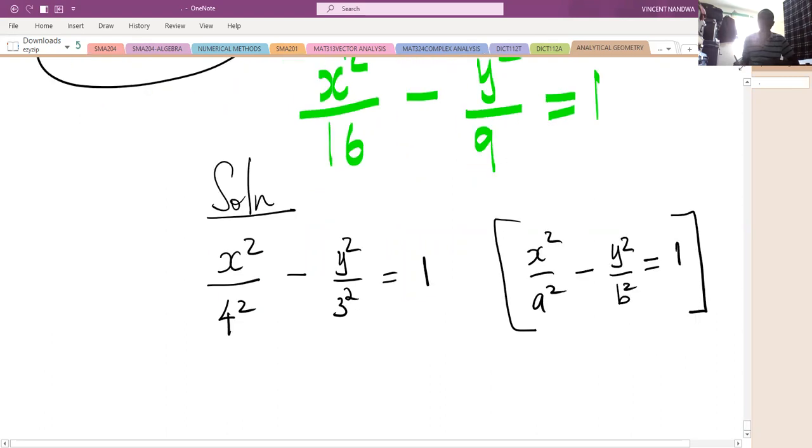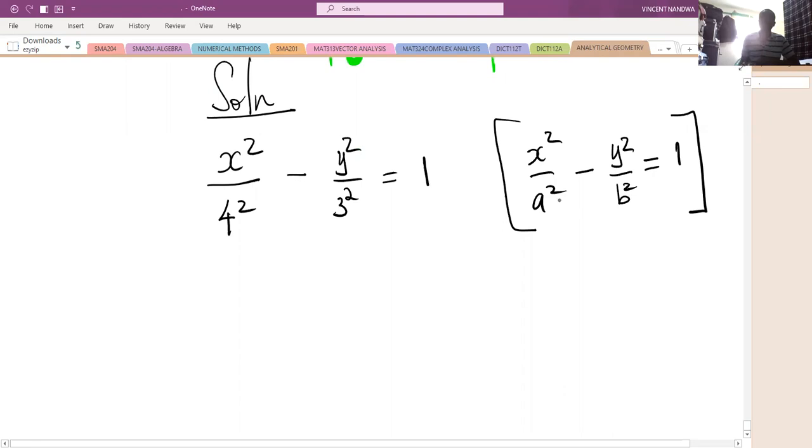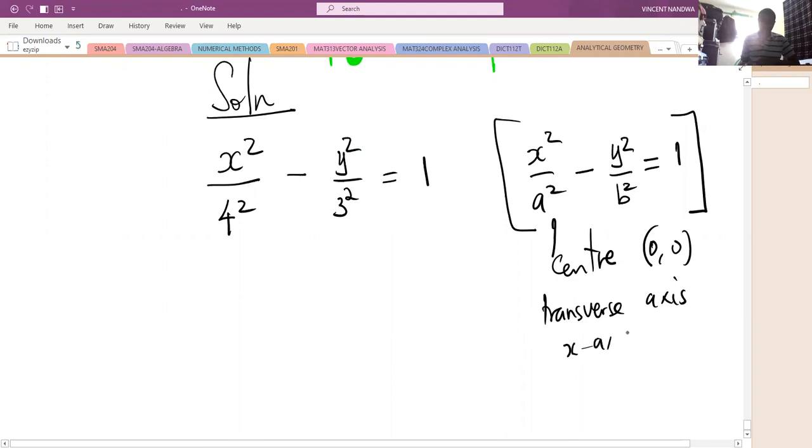And as we saw in the first case, this is a hyperbola of this form, with center (0, 0) and transverse axis the x-axis. So therefore, the graph that we have is of this form. We expect it to take this form.